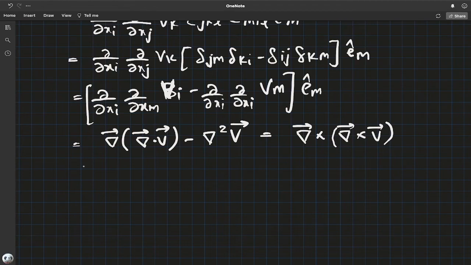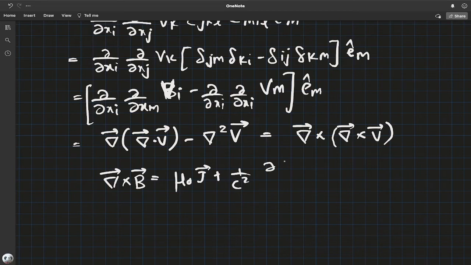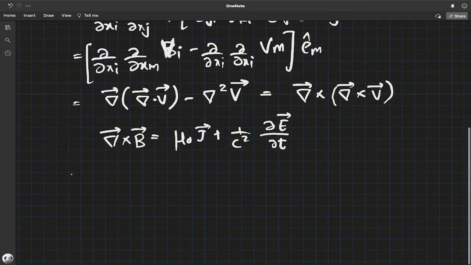Okay, why is this useful? Because if you notice Maxwell's equations, especially this one, curl of B equals mu naught J plus 1 over c squared partial E partial t. Now do a double curl on both sides.